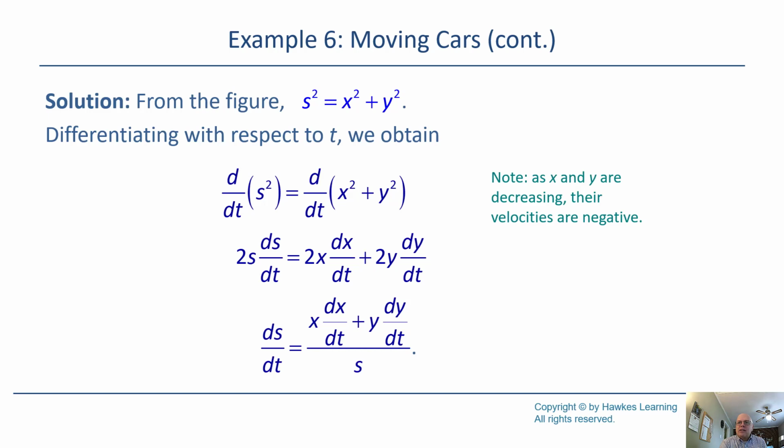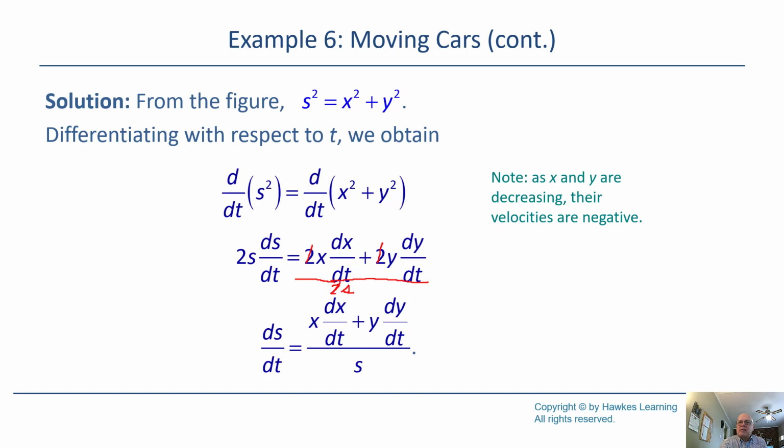We want dS/dt, so we divide everything by 2S, sort of like this. Notice that the 2S down here, the 2 is going to cancel out.